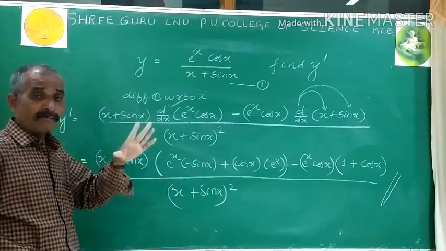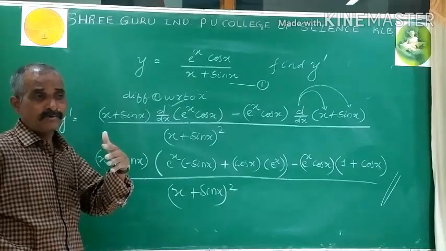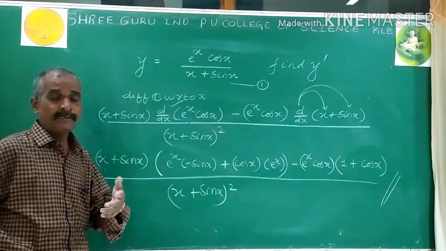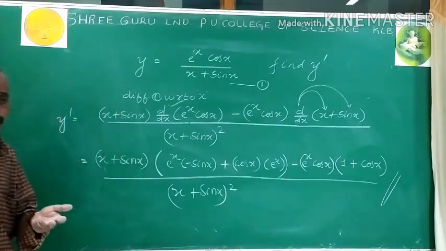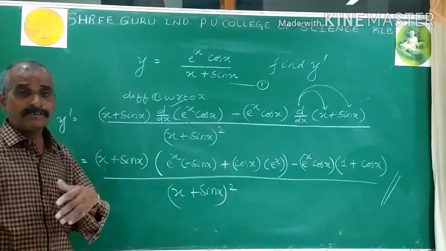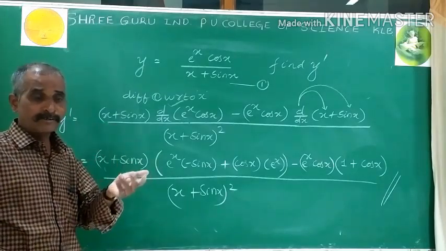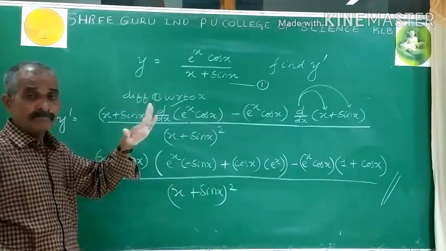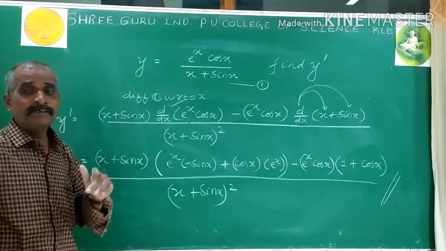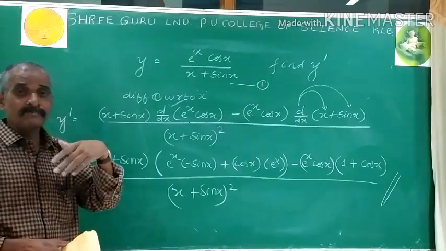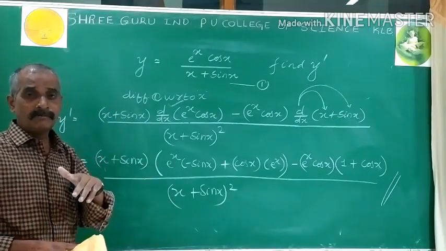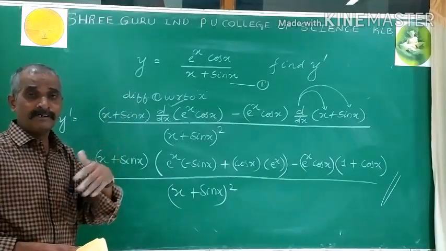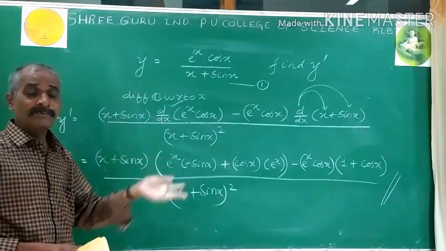Until you are aware of the sum rule, product rule, and quotient rule, you can't solve any further differentiation problems, especially the upcoming composite functions, implicit functions, parametric functions, one function with respect to another function, successive differentiation, etc. There are still many more cases, but for all those cases, the sum, product, and quotient rules are very, very essential. So our next part will be how to differentiate composite functions, but before that we shall study composite functions deeply, how they are defined, etc. Then we shall go on to how to differentiate composite functions.